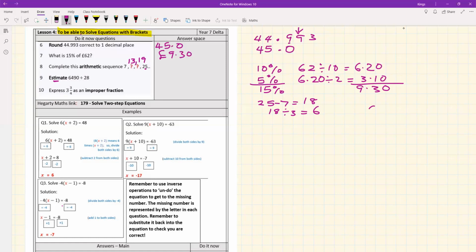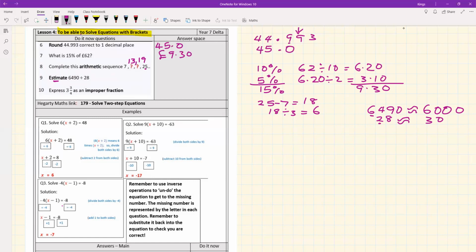So we've got 6,490 rounded to one significant figure, which should give us 6,000. The reason for that is 6 is the first significant figure, and 4 would round down. So we put 3 zeros there as placeholders. And then 28 to one significant figure is 30, because this is the first significant figure and 8 rounds up, which makes this 3, and then we'll put a placeholder there.